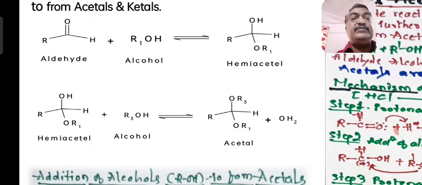The same hemiacetal will react with another alcohol molecule to form acetal. So what is this acetal? Acetal is a carbon containing OR1, OR2 and H, that is two alkoxy groups attached. So acetals are nothing but diethers, a gem diether compound. So I have just shown.